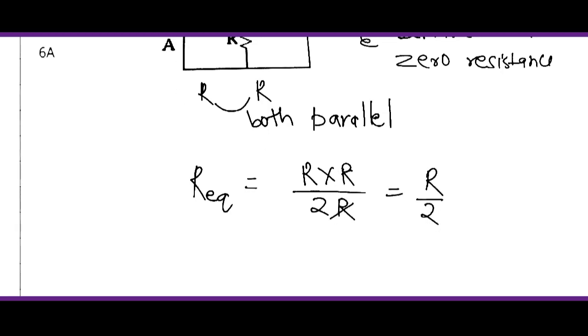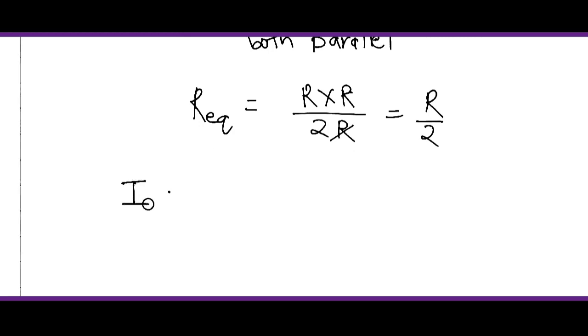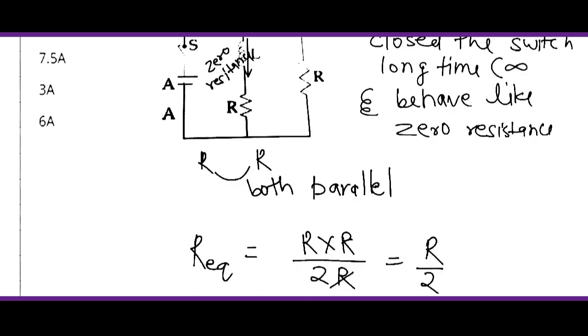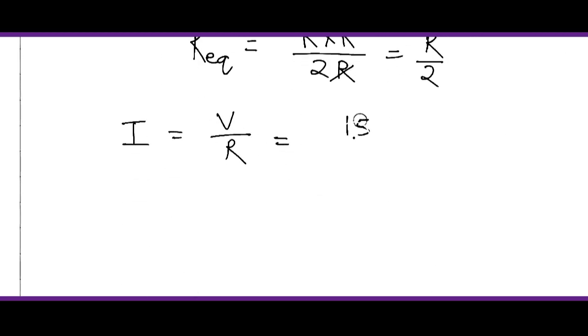So now this is a simple formula based question. We can write the current equal to V by R, and voltage is given in the question. It is 15 volt. If we put the value, 15 and R is R by 2, so the 2 will go up. Now if we substitute the value, we can write 15 into 2 divided by 5.